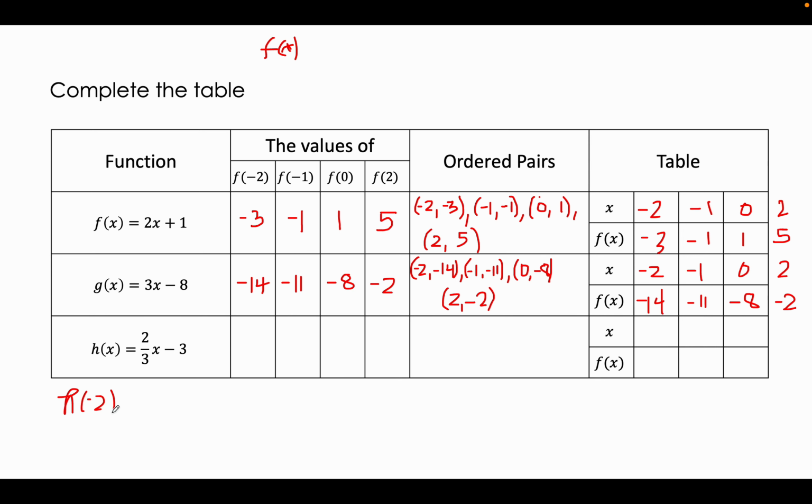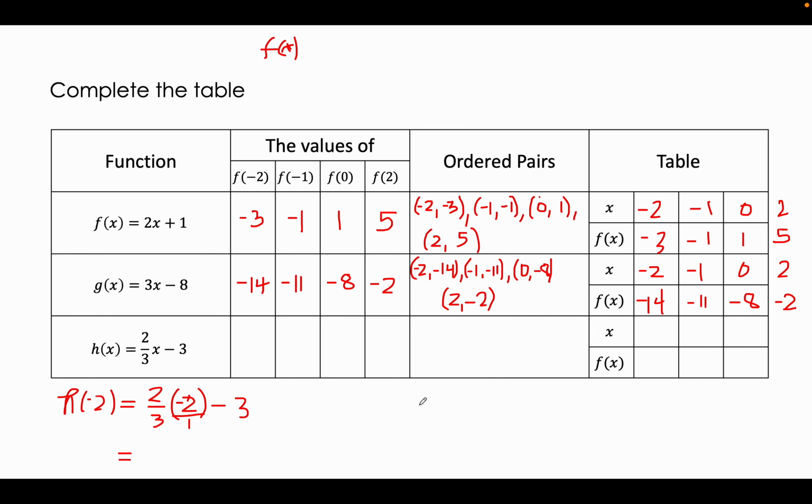H of negative 2 equals 2/3 times negative 2 minus 3. In this case, negative 2 has a denominator of 1.